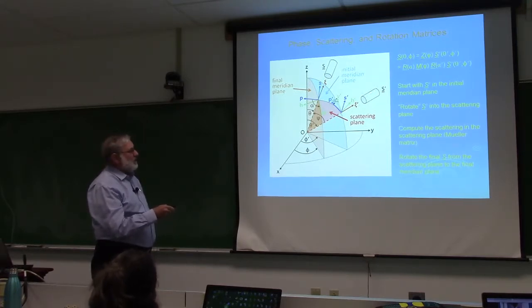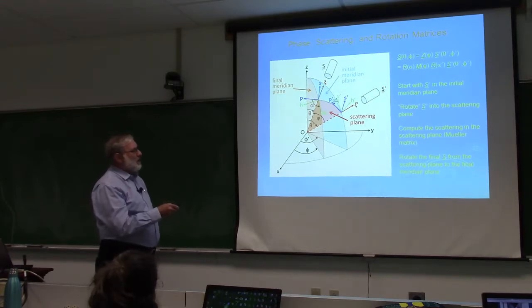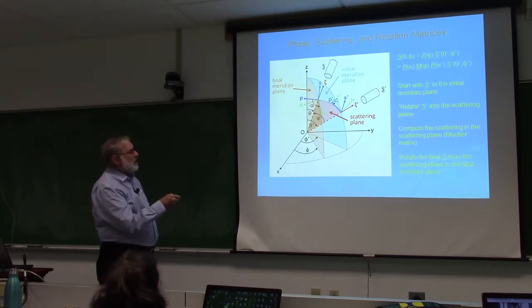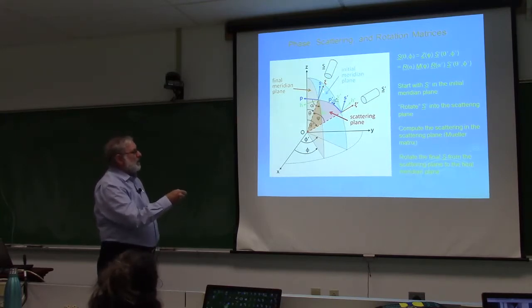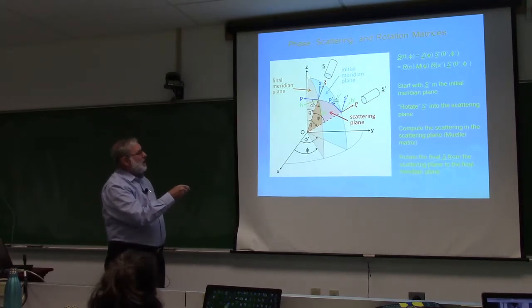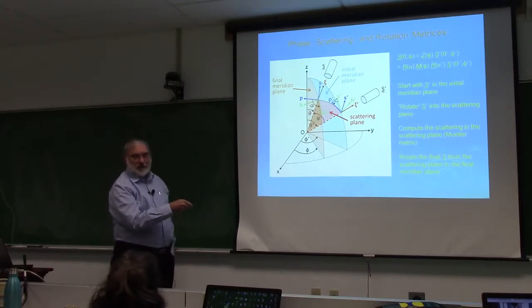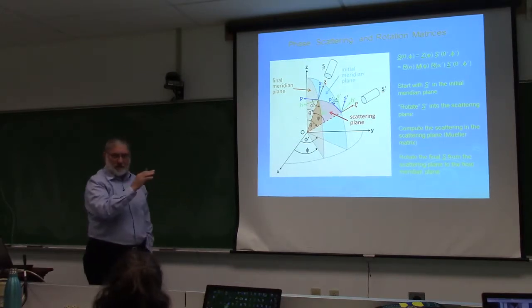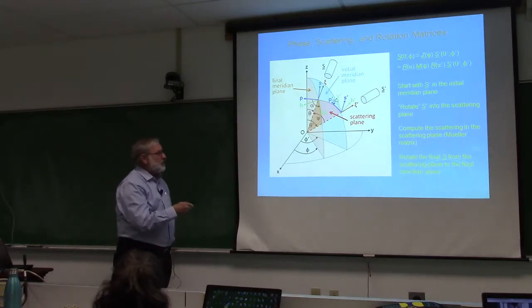So I'm going to have an instrument over here looking at that and measuring the S prime Stokes vector. But then it gets scattered. Let's say there's a particle here, and it scatters it off into the final C direction. And I'd have an instrument up here looking and measuring that. But now the meridian plane is from the Z axis to the final direction. The incident or initial meridian plane is from the Z axis to the initial direction. So that's a real can of worms to keep that algebra or the geometry straight.